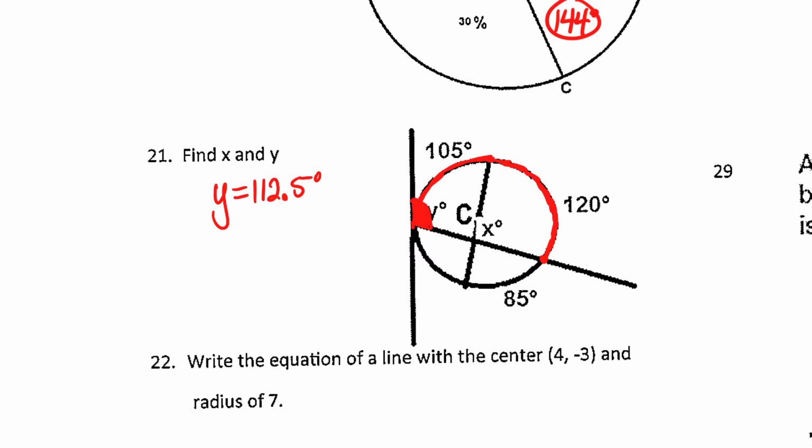Okay, now the next thing is to find x, which is this angle right here. So to find that angle, I need to know this arc, which I know, but I also need to know this arc, which I don't know right now. How could I find that arc, though?